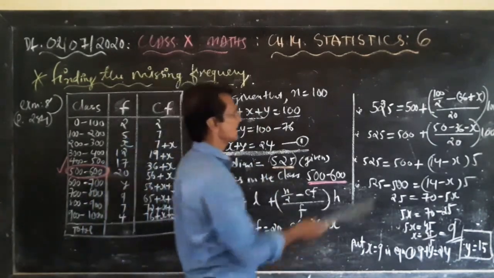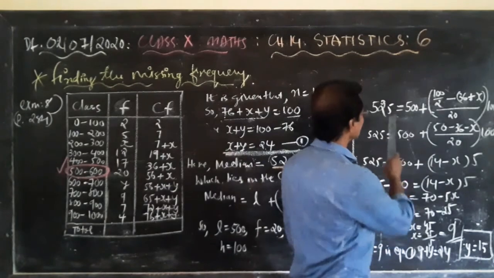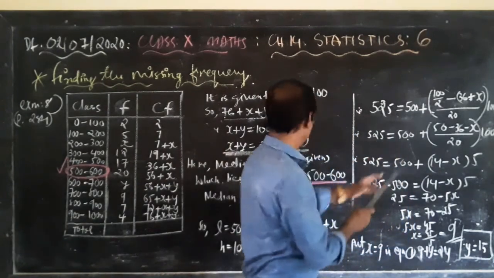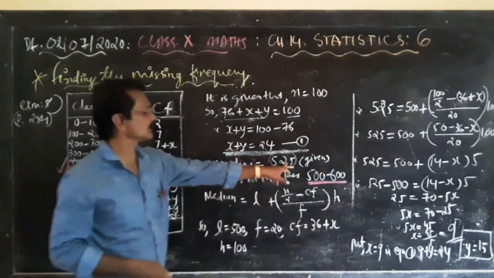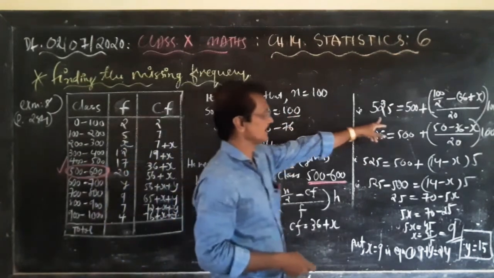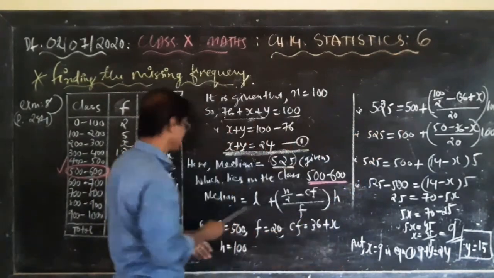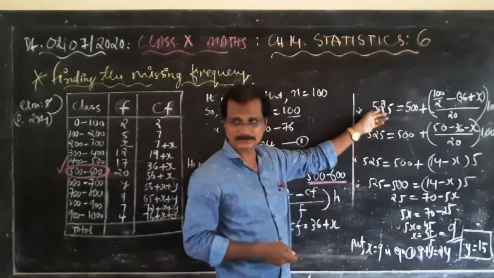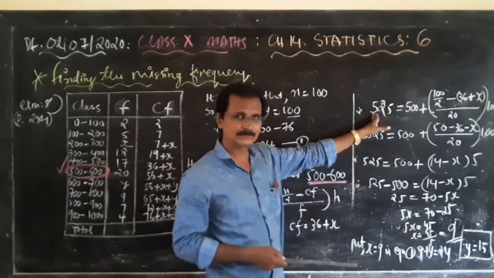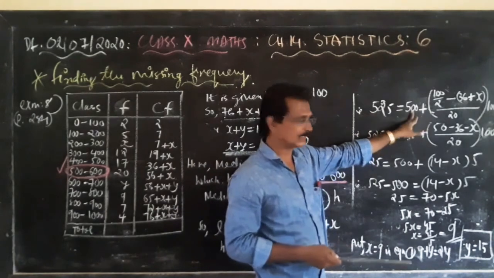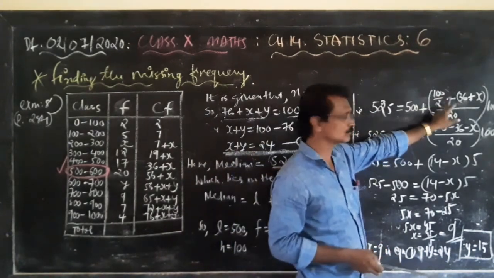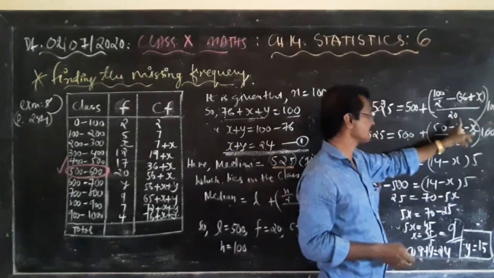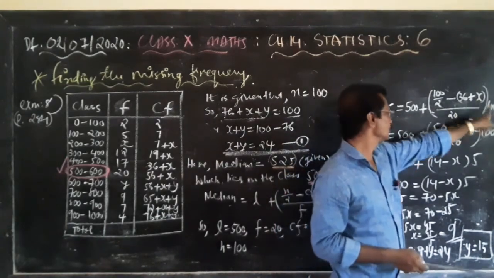Okay, now apply. The median is already given as 525. This is the equation to find the median, and that's our proof. So 525 equal to L plus, that is 500 plus n by 2, that is 100 by 2, minus CF, that is 36 plus x, divided by F, that is 20, into 100.